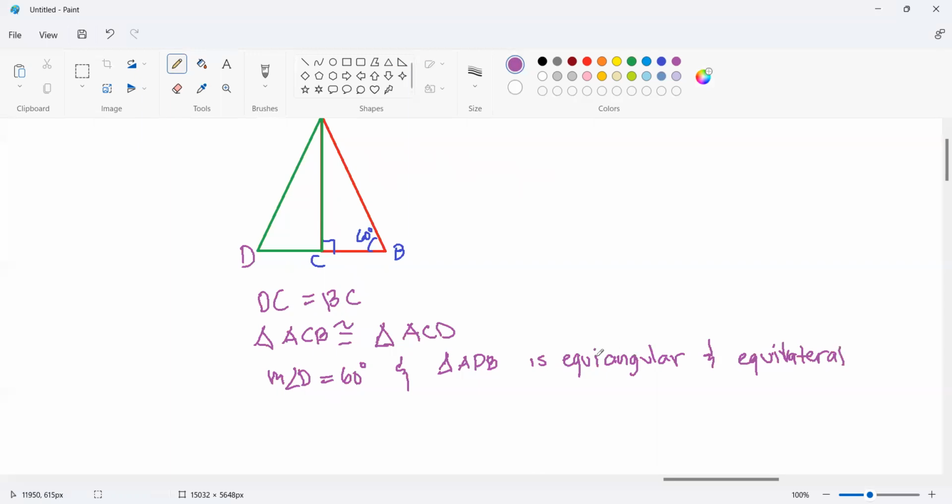So when you say equiangular, the angles are equal, and the sides are equal. That means this is 60. All angles are equal, 60, 60, 60, which makes 180, and all sides are equal. So this is 60 as well.